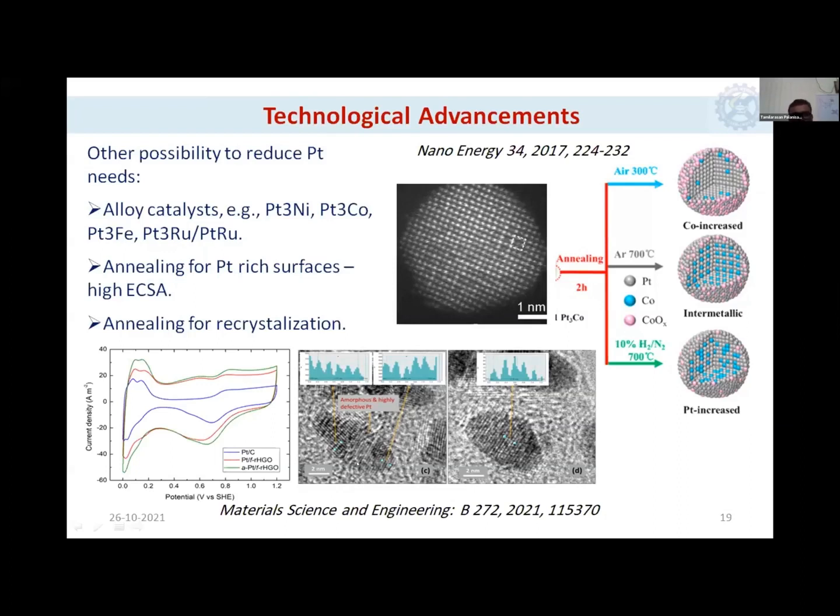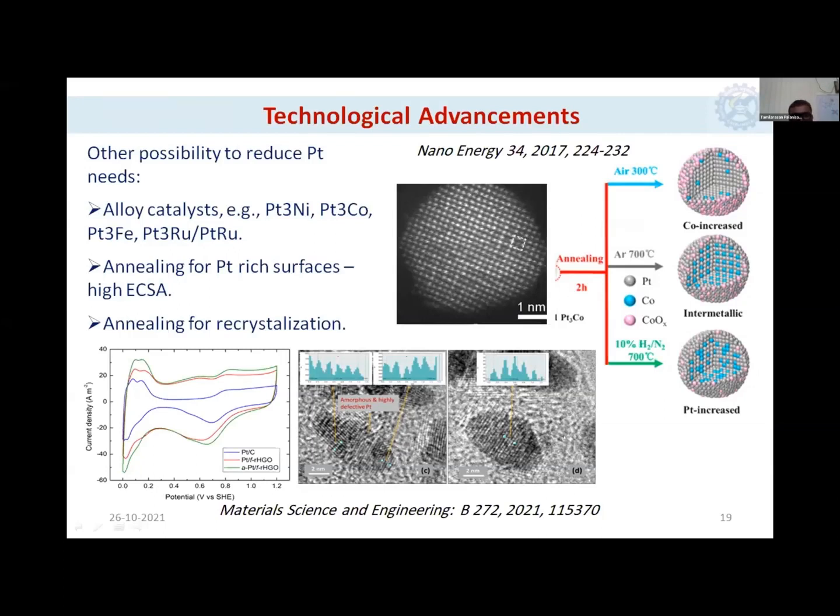Putting everything together, you have at least 2 to 3 phases of crystals, and those facets may not be feasible for ORR and hydrogen dissociation reactions. Now, we have annealed and the particle has been recrystallized.